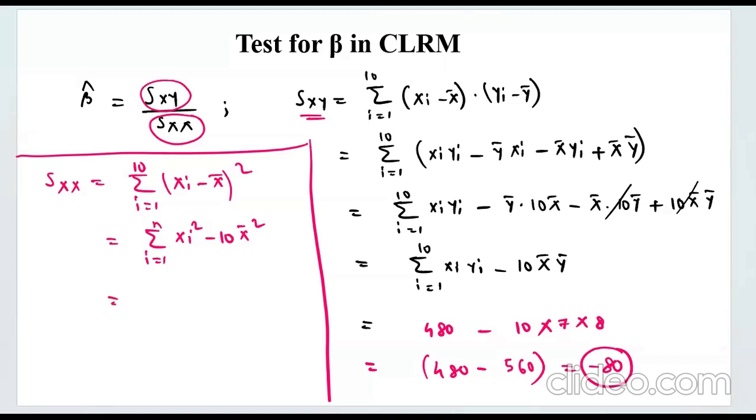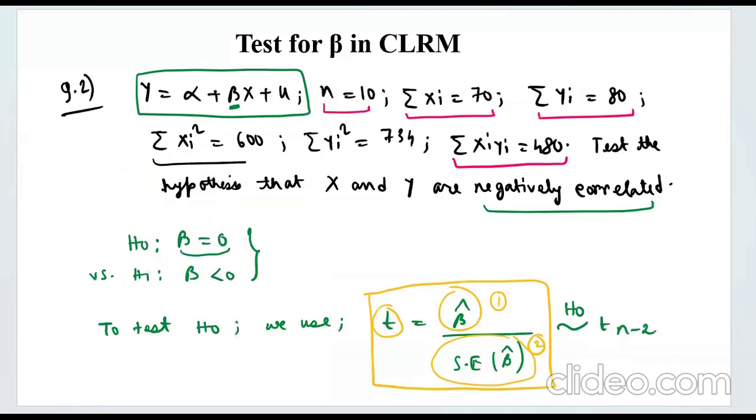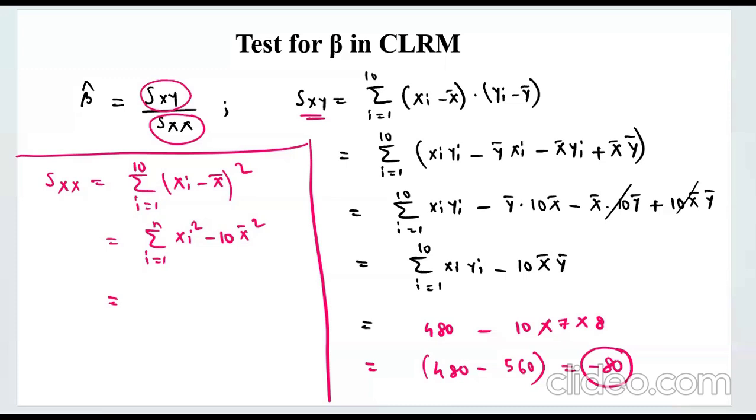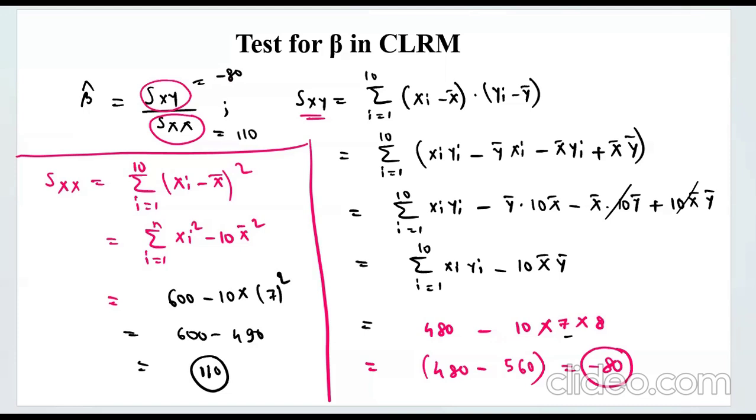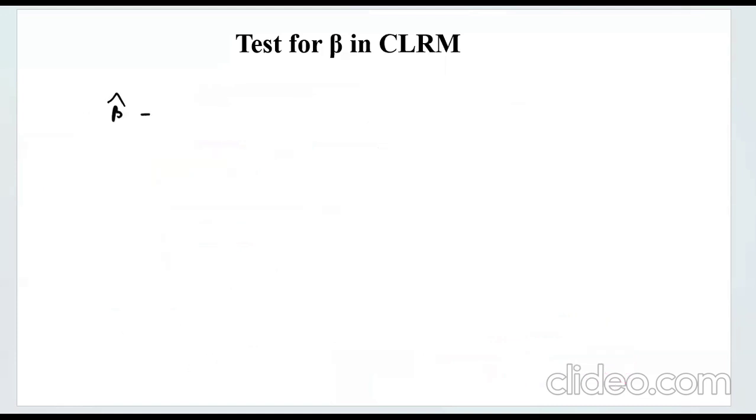I'm not doing it again, you can do it manually, it's very simple. Summation xi square is 600. So this is 600 minus 10 into x bar square. X bar we got as 7, so 7 square is 49. So 600 minus 490 comes out to be 110. So this Sxy value is minus 80 and this value is 110. If you divide, you will get beta cap to be minus 0.727.